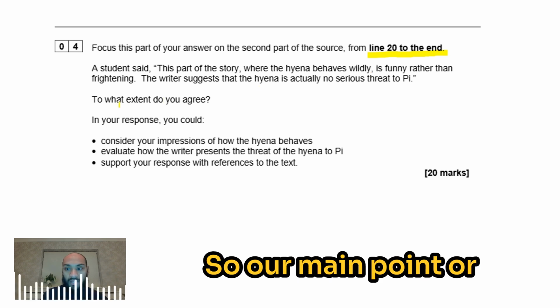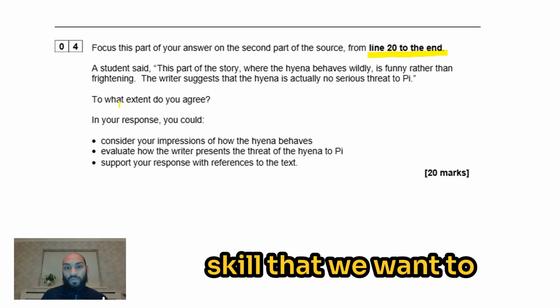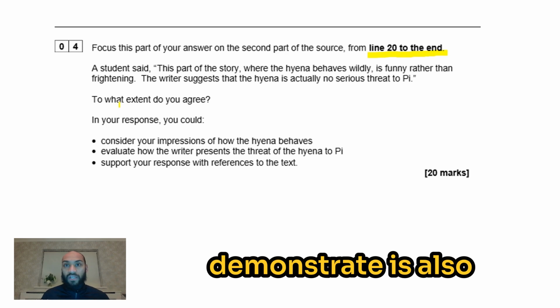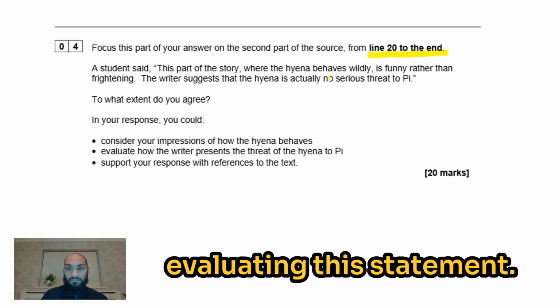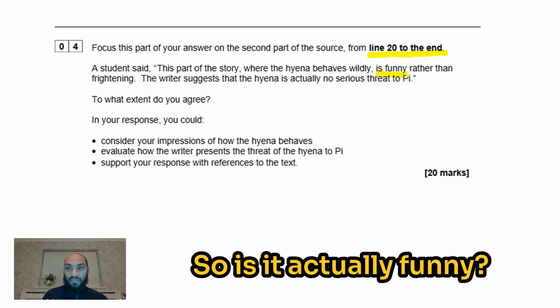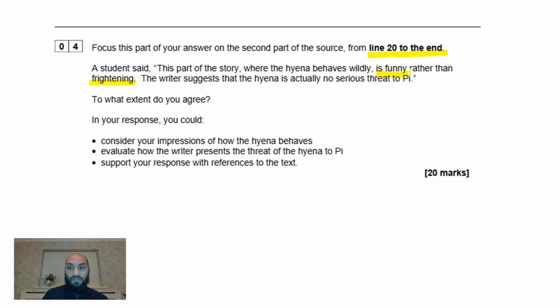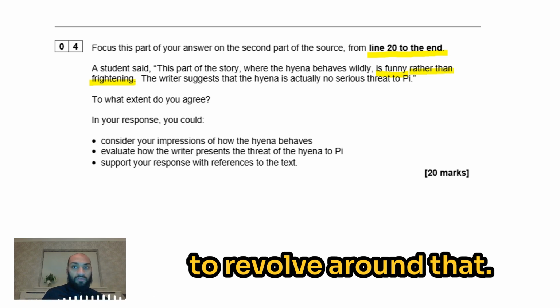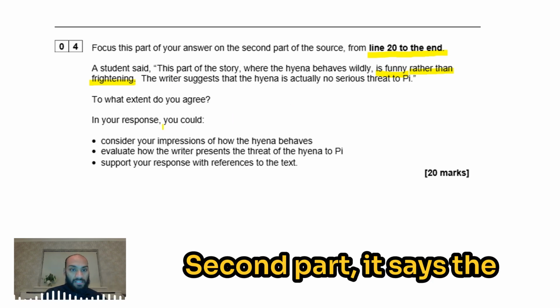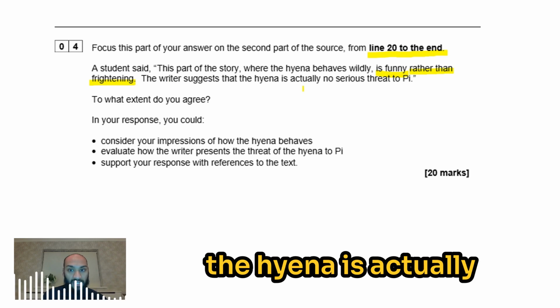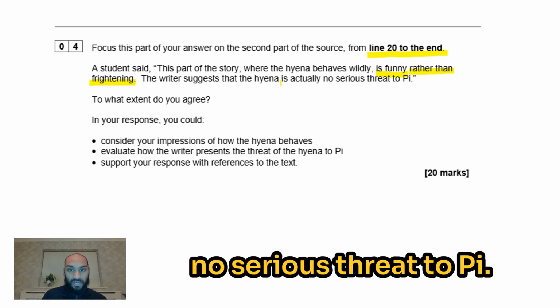So our main skill that we want to demonstrate is evaluating this statement. Is it actually funny rather than frightening? My answer needs to revolve around that. The second part says, the writer suggests that the hyena is actually no serious threat to Pi.